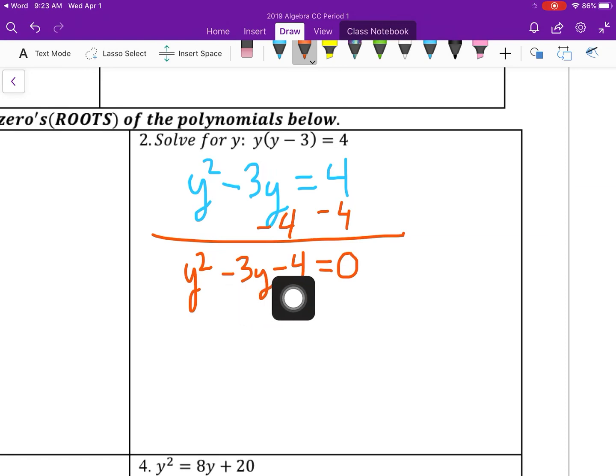There are no common terms, and it's not a difference of two squares, but it's a simple trinomial where the leading coefficient, or the a value, is 1. So we're looking for those two numbers that multiply to make -4 and have a sum, or add, to -3. I'll pause the tape while you decide.